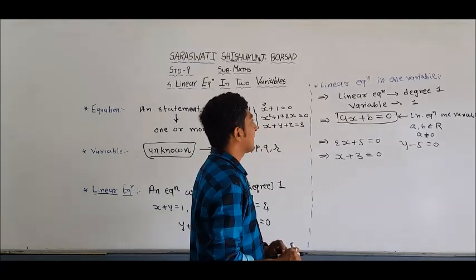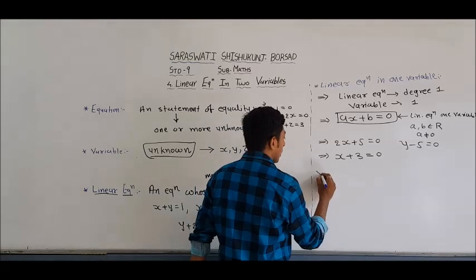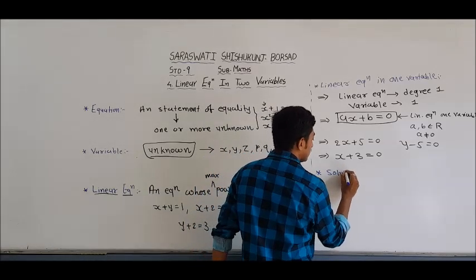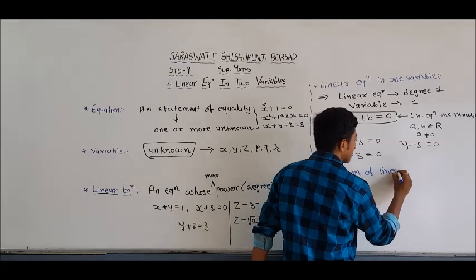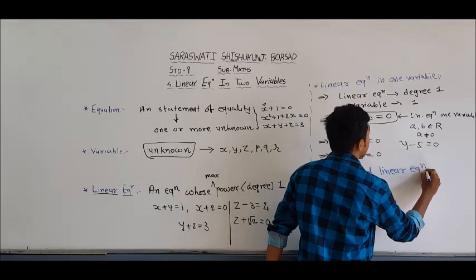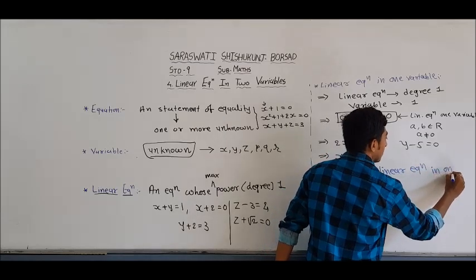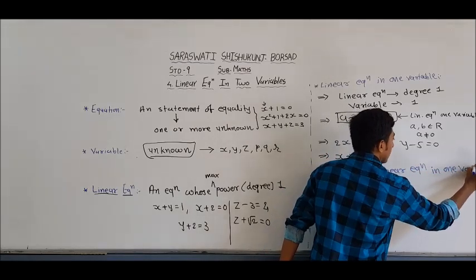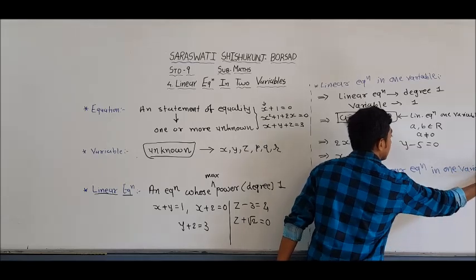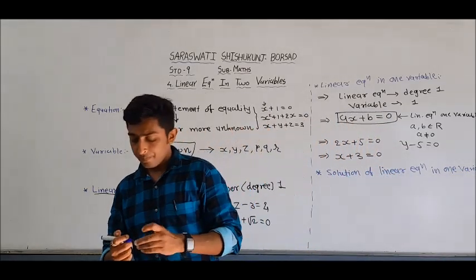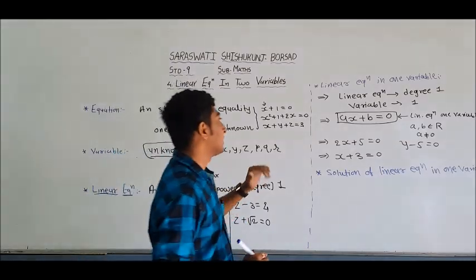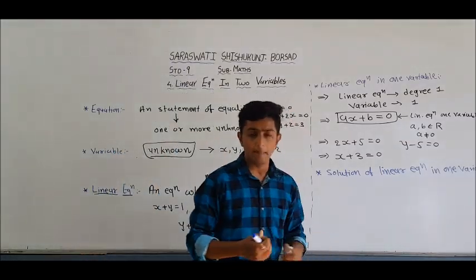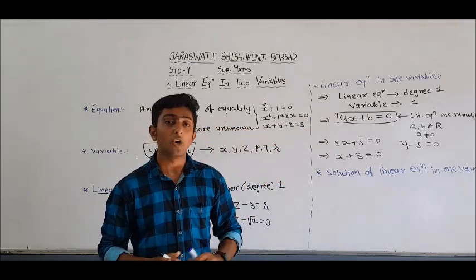Now let us talk about the solution of a linear equation in one variable. Friends, we have already discussed in the last lectures that a linear equation in one variable has a unique solution.